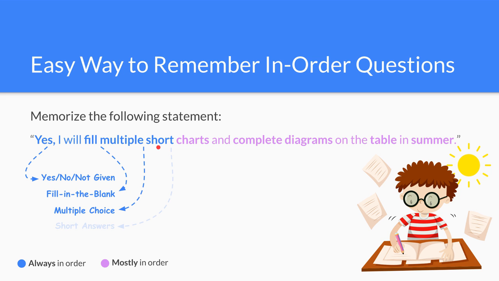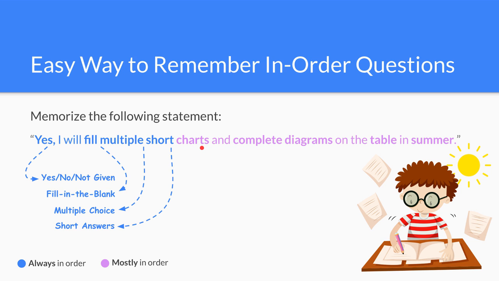Short stands for short answers, the short answer question type. Now, this is where you need to memorize where we have a break in the sentence. This is where we move from the always in order questions to the mostly in order questions. This is where the color changes from blue to purple.